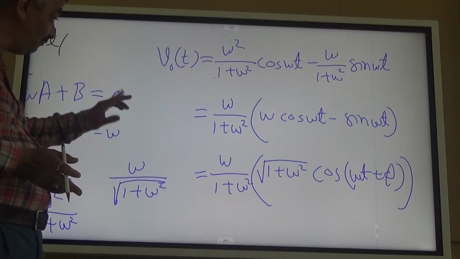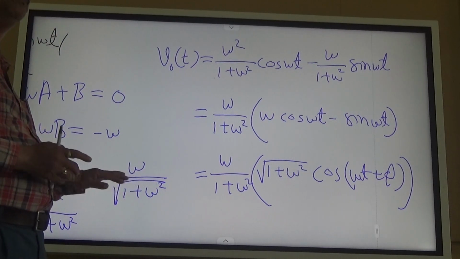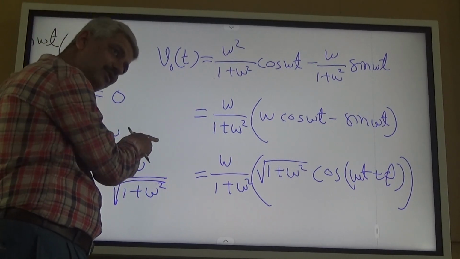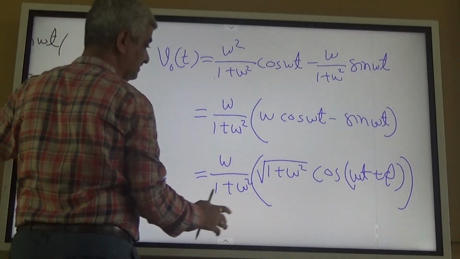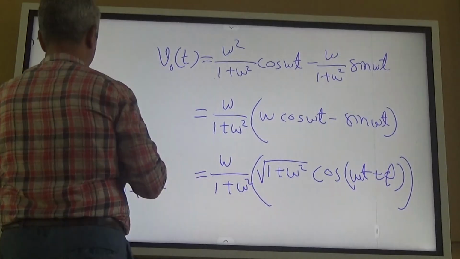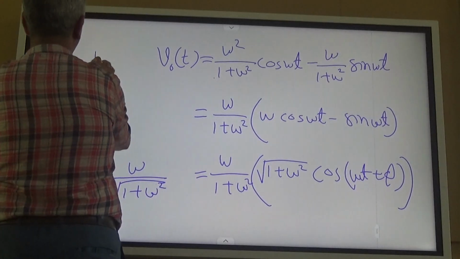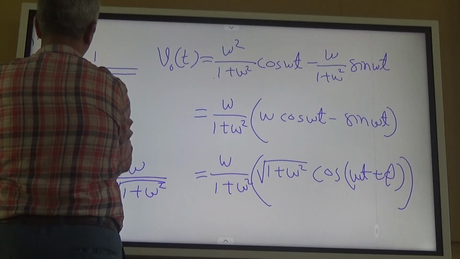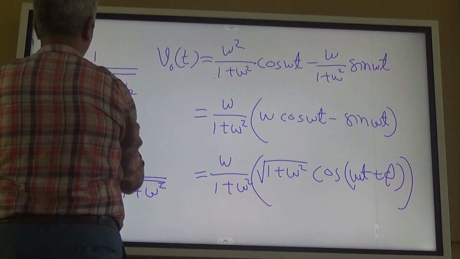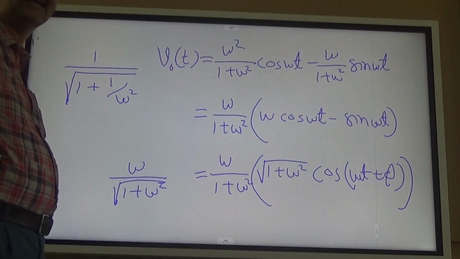So how will you find this out? By dividing omega on numerator and denominator. So what we get? We get this as 1 upon under root 1 plus 1 upon omega square. Is it right?